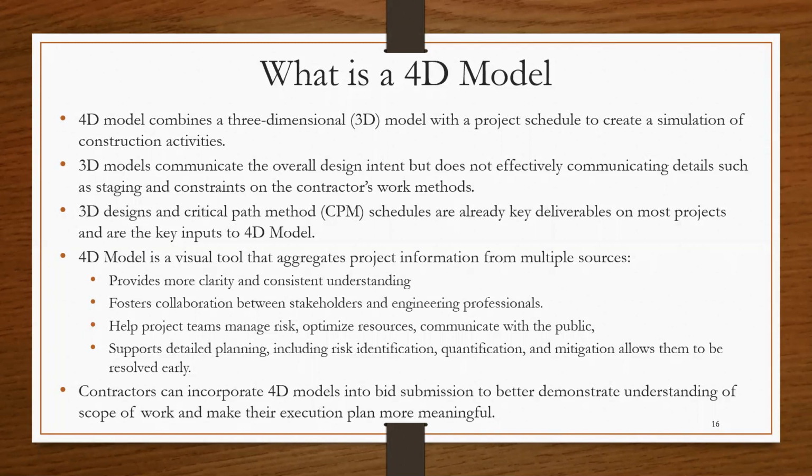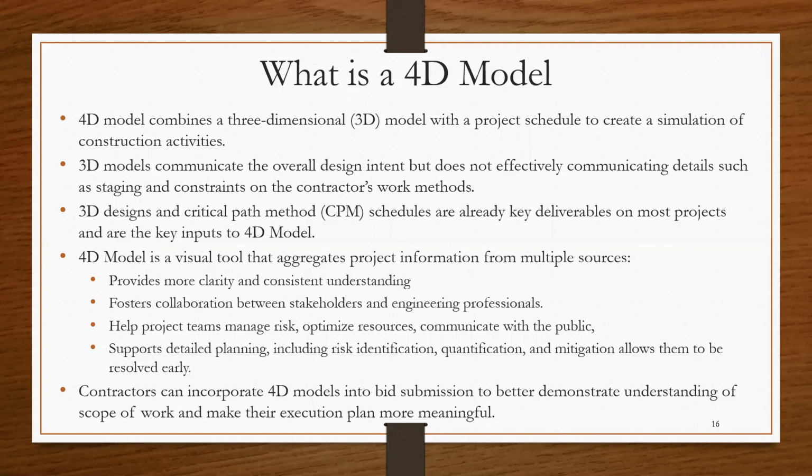Almost every major project right now that we know works in 3D. And every project has to develop a CPM, a critical path schedule, as part of their reporting requirements. So this information is already there. What the 4D model does is bring this information together to develop a 4D model that can be used for the project.